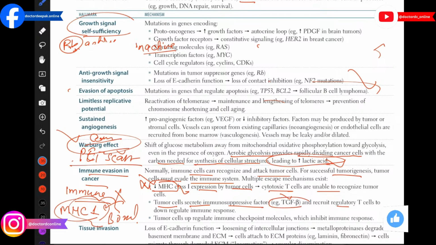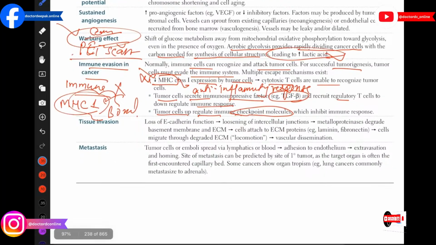These are anti-inflammatory responses, due to which your immune system does not respond well and thinks, okay, chill, everything is normal in the body. But the third thing is that the tumor cell regulates immune checkpoint molecules, which inhibit the immune response.